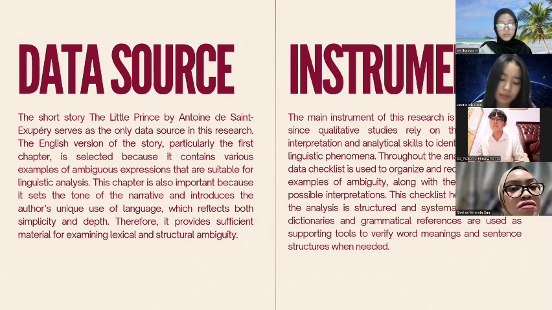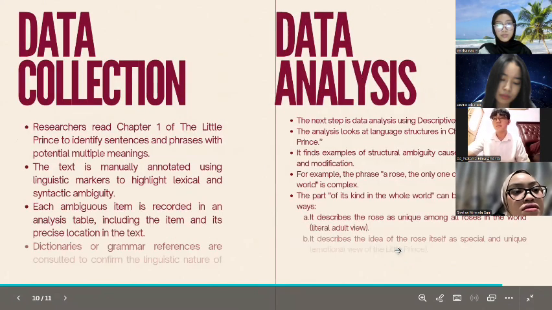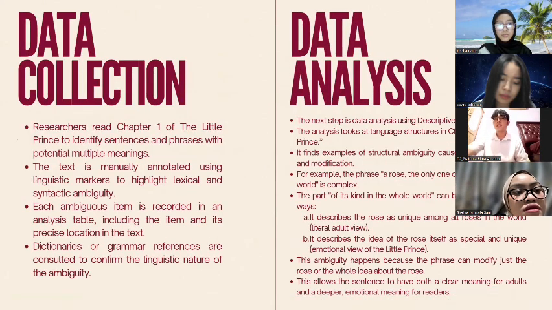The checklist helps ensure that the analysis is structured and systematic. Additionally, dictionaries and grammatical references are used as supporting tools to verify word meanings and sentence structure when needed. The next part will be presented by Safira.